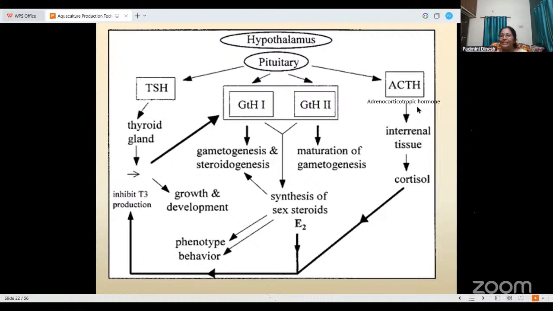When a person is stressed, they have an excess of adrenocorticotrophic hormone, that is the cortisol, being released during stress or when they are depressed. All these conditions occur over there. Now, the thyroid stimulating hormone helps in growth and development. Then this pituitary gland also releases GTH1 and GTH2. GTH1 is used for gametogenesis and steroidogenesis, for both male and female, and GTH2 only for females, that is the maturation of gametogenesis.